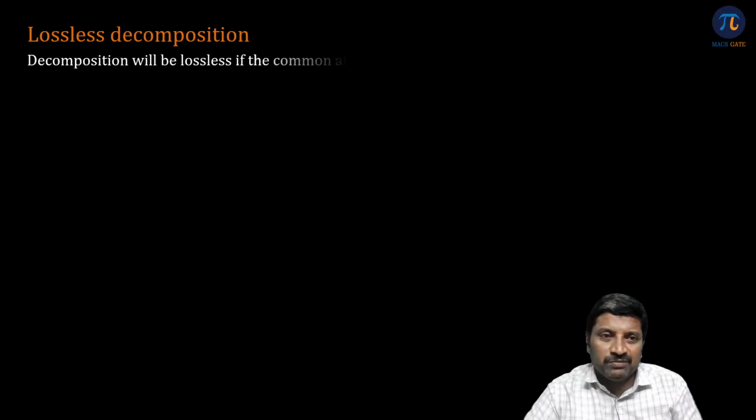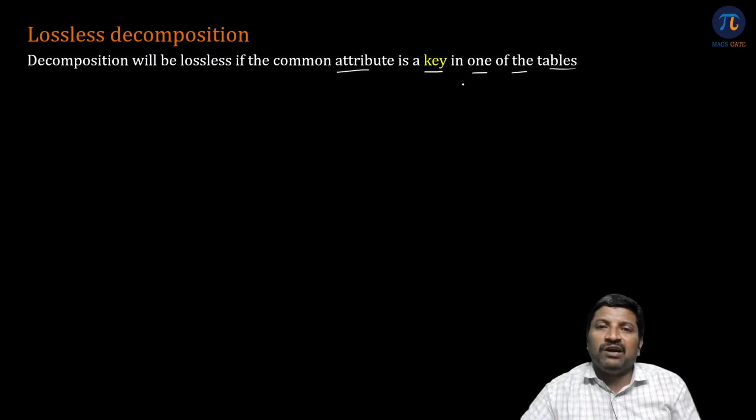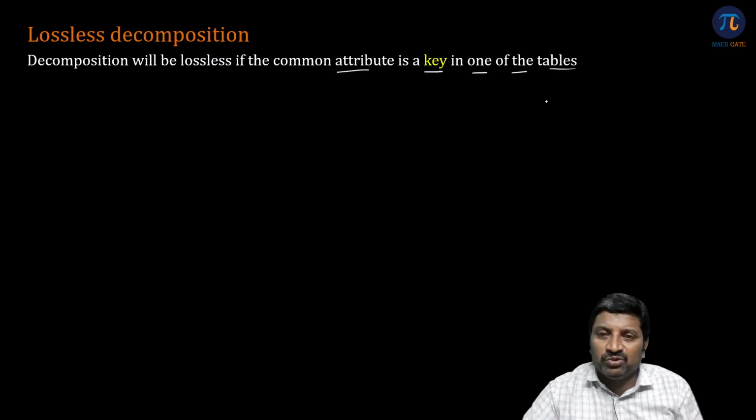Lossless decomposition: a decomposition will be lossless if the common attribute is a key in one of the two tables. Previously in the example, this is my relation R1 and this is my relation R2.